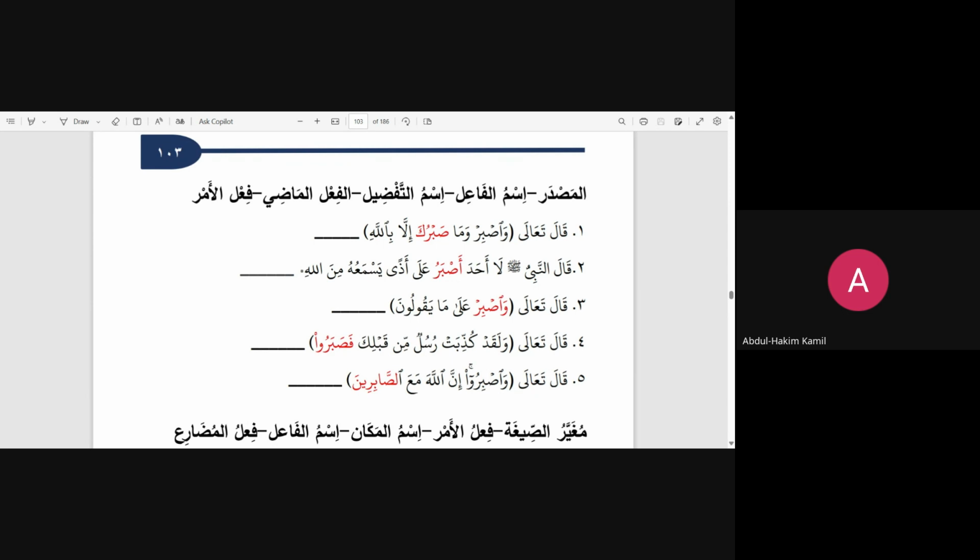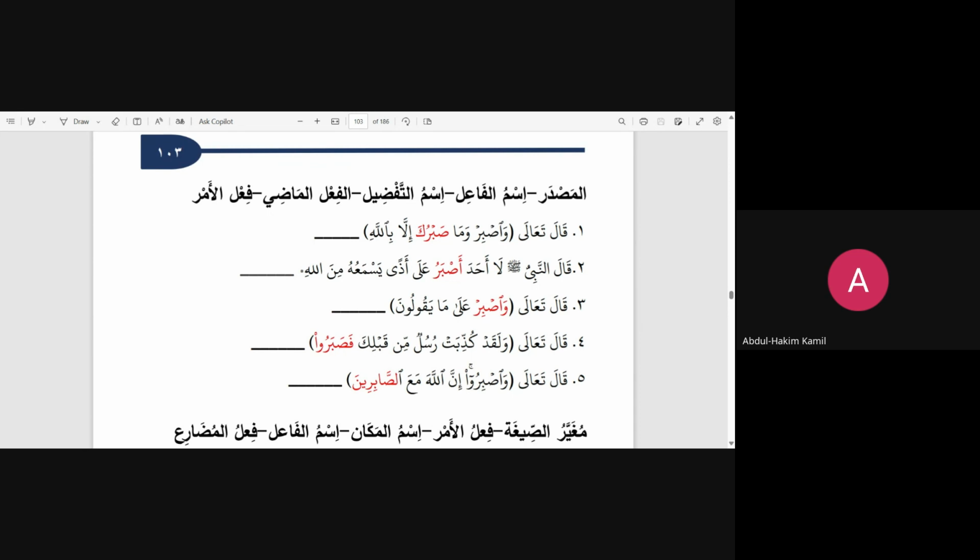What does this mean? كذبت رسل, the messengers were denied. There were messengers that were denied من قبلك, فصبروا, and they were patient, for الماضي.